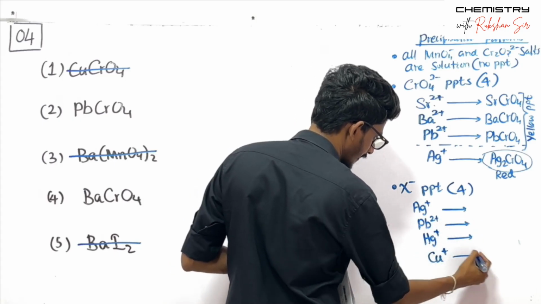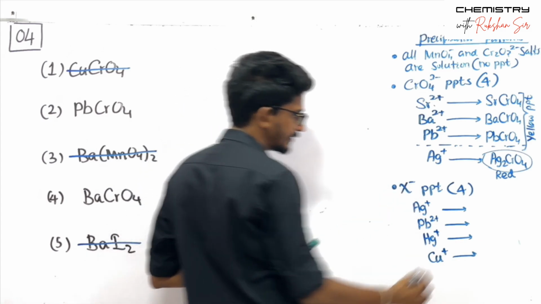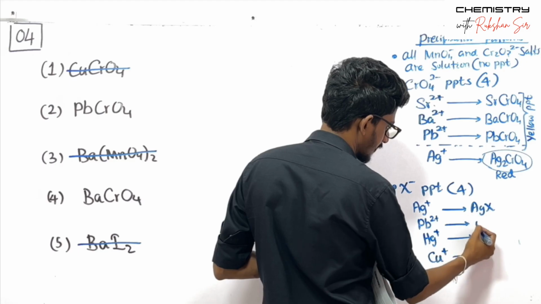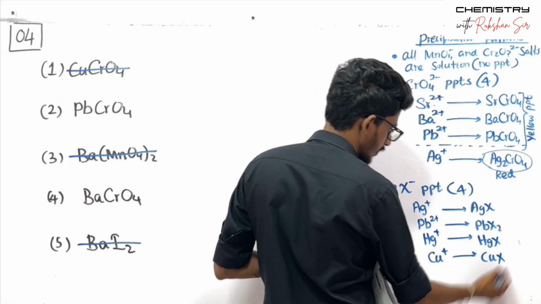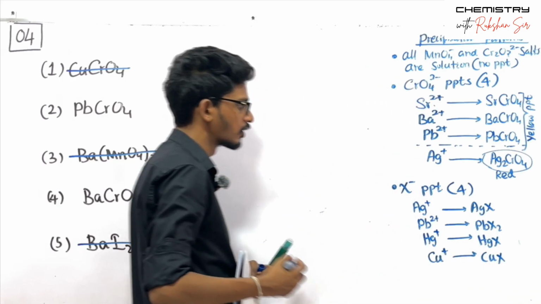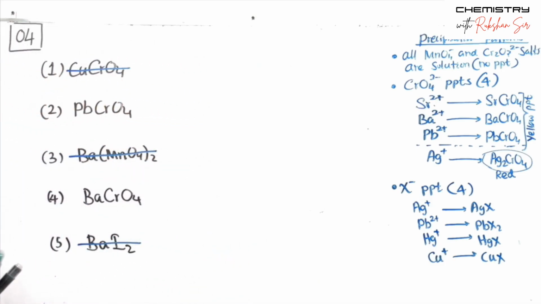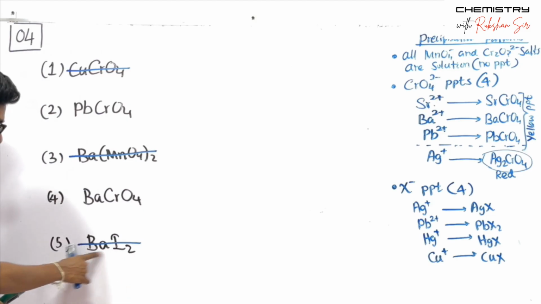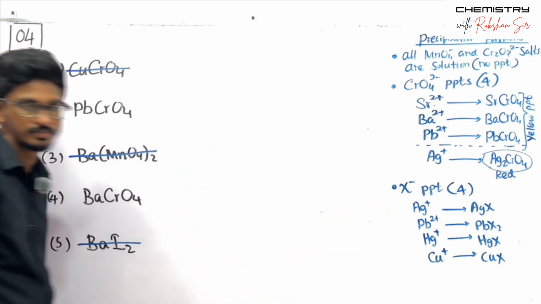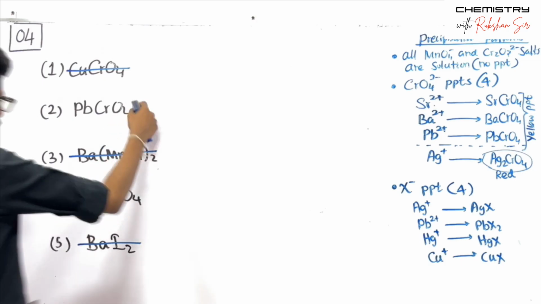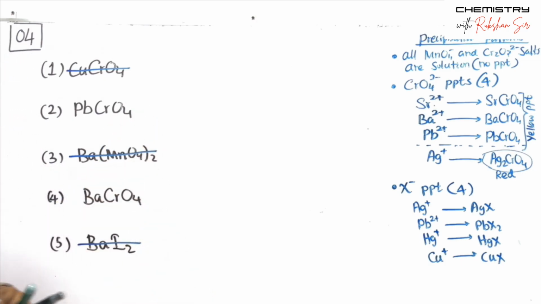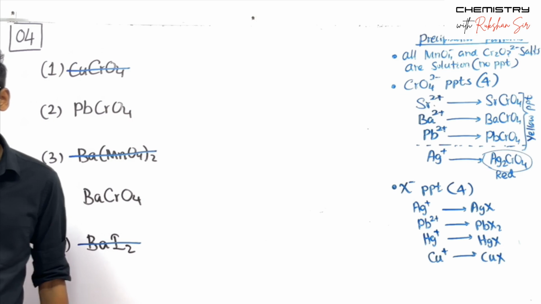X means the halides: fluoride, bromide, iodide. AgX, PbX2, HgX, CuX, right? Only 4. So barium iodide is not going to be a precipitate. That is not appearing here, right? So that is out. So out of these two, we have to come up with the answer. Eliminating the impossible, whatever remains should be the truth.